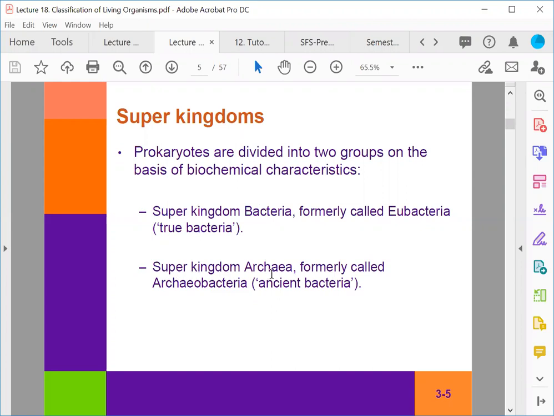The superkingdom archaea was formerly called the archaeobacteria because they were originally thought to be the first bacteria, the first microorganisms to evolve. So they were referred to as the ancient bacteria. But it's now known that both the bacteria and the archaea seem to have evolved at around the same time.